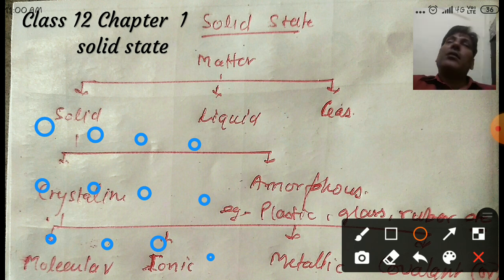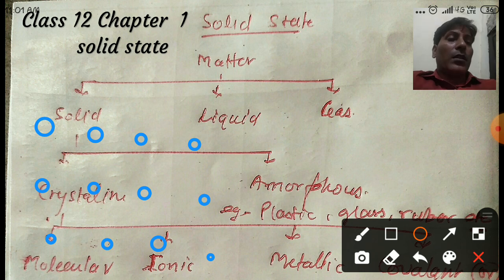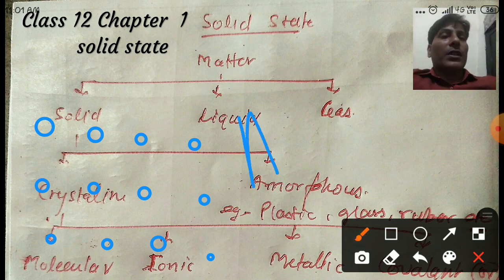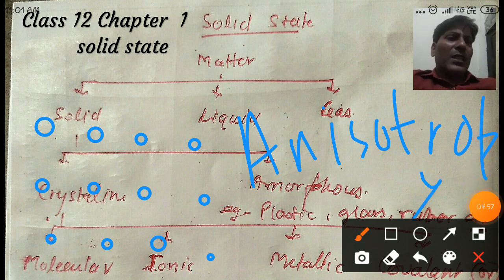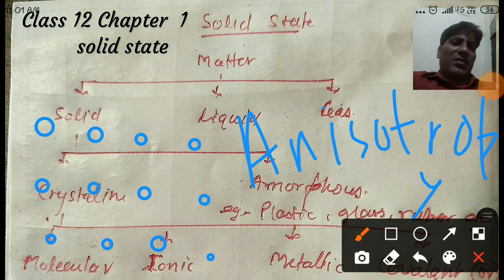If we cut it, then the surface is plane, and it has the property of anisotropy. What is this property?